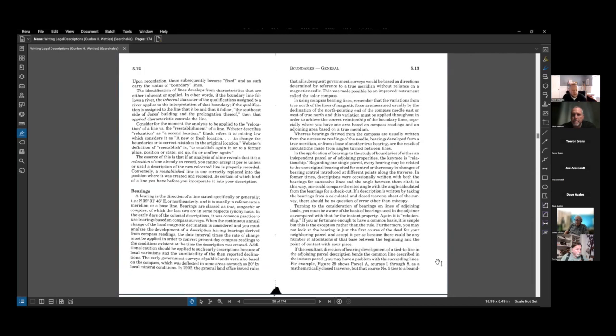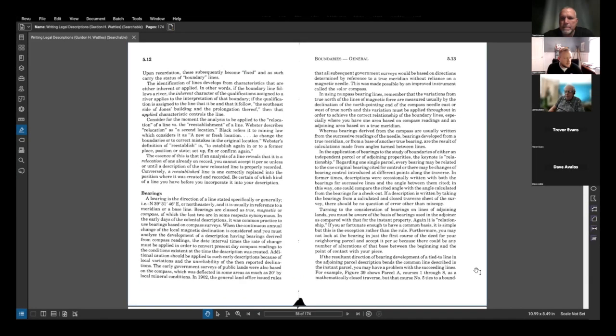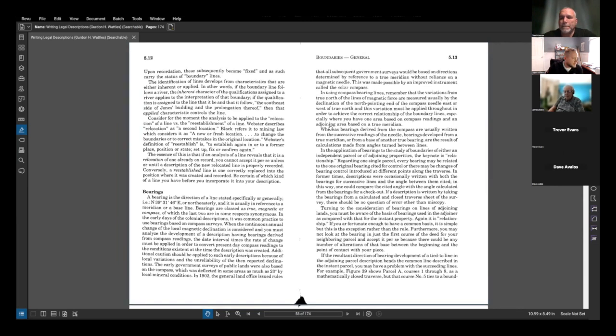One of them is that it has a table of bearings and distances that provide a mathematical closure. I think I'm saying that right.